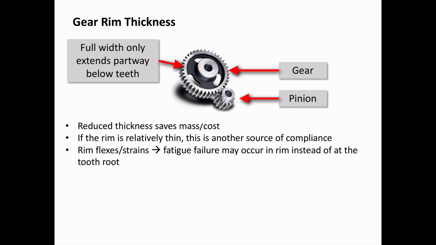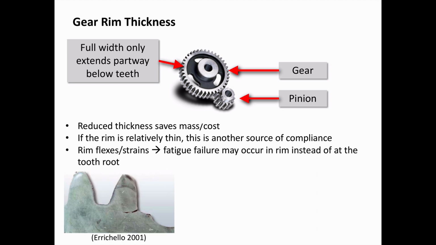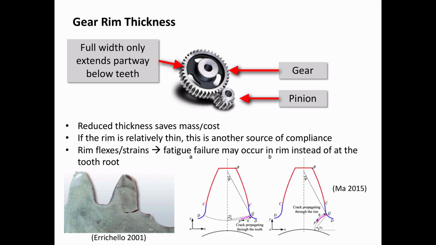So if the rim flexes and strains, then fatigue failure may actually occur in the rim instead of at the tooth root. So here's what fatigue failure may look like if we have a crack that propagates across the bottom of a tooth.